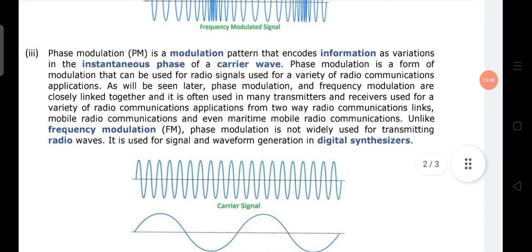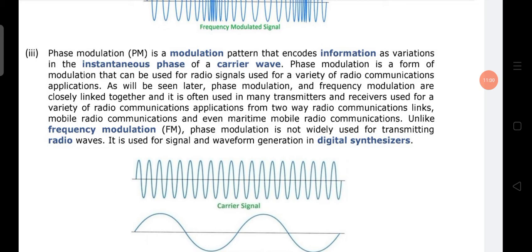Phase modulation is a pattern that encodes information as variation of the instantaneous phase of a carrier wave. It is a form of modulation that can be used for radio signals, used by a variety of radio communication.